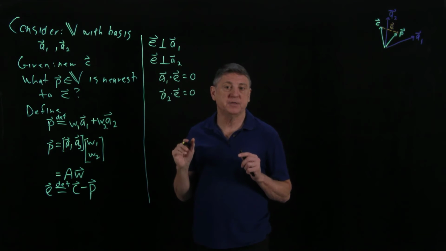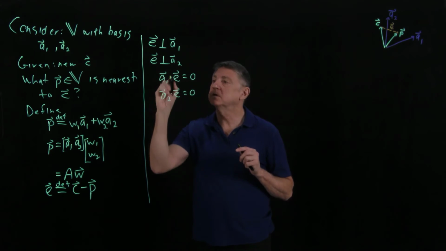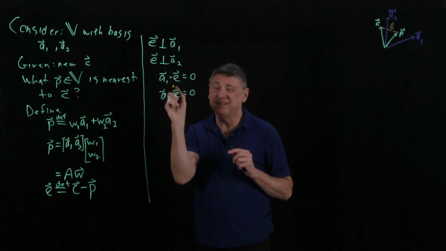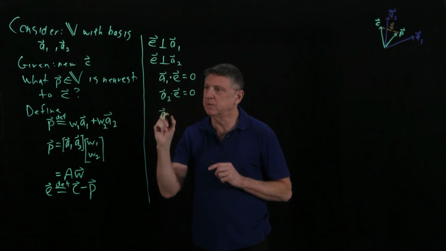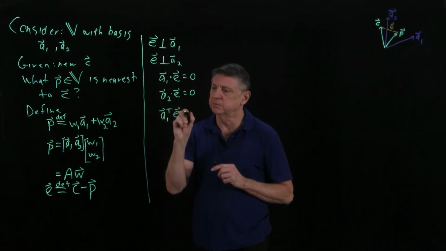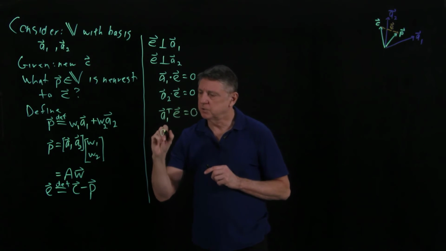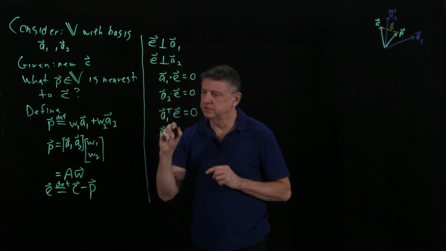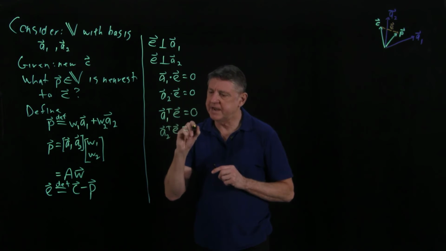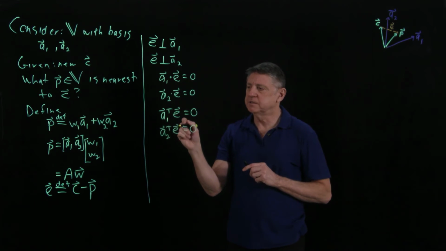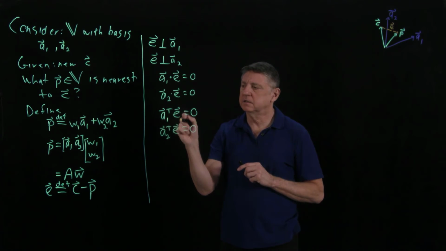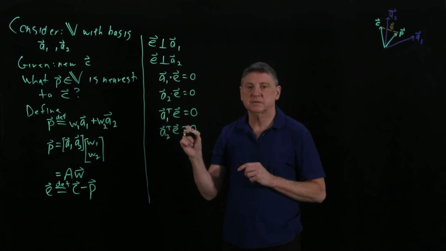I see these dot products, so the next thing I want to do is turn those into transposes so that I can do some easier manipulation. So I will turn those into transposes, and now I see two equations and they share some commonalities.